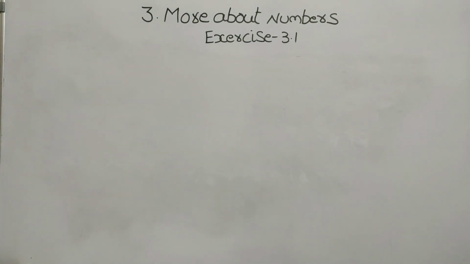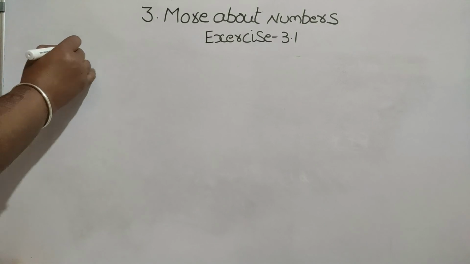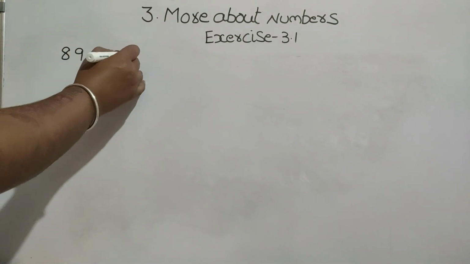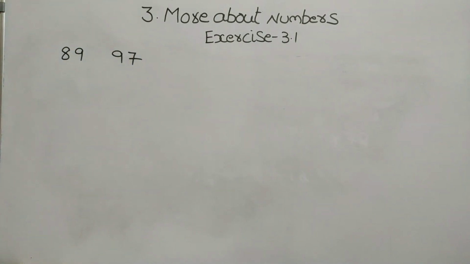So, next question. Write 7 consecutive composite numbers less than 100 such that there is no prime number between them. Below 100, the prime numbers are 89, 97, between 90 to 100.